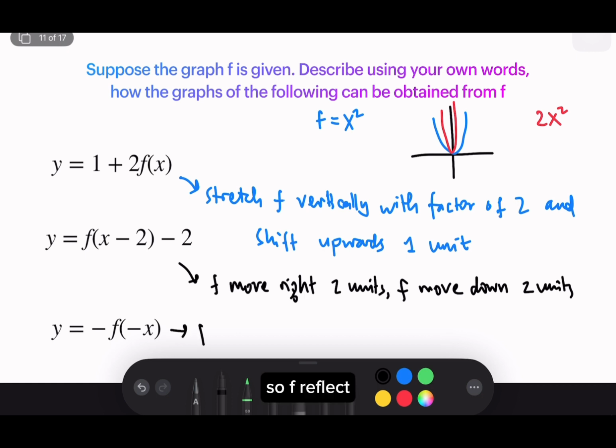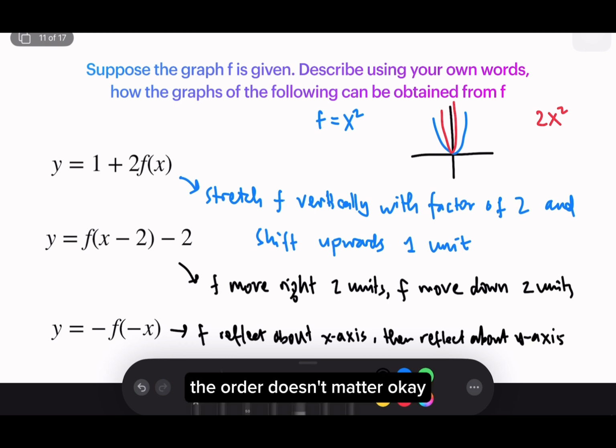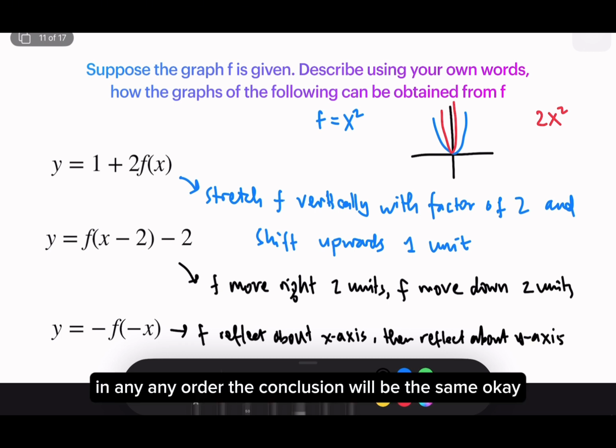So f reflects about the x-axis, then reflects about the y-axis. The order doesn't matter. In any order, the conclusion will be the same.